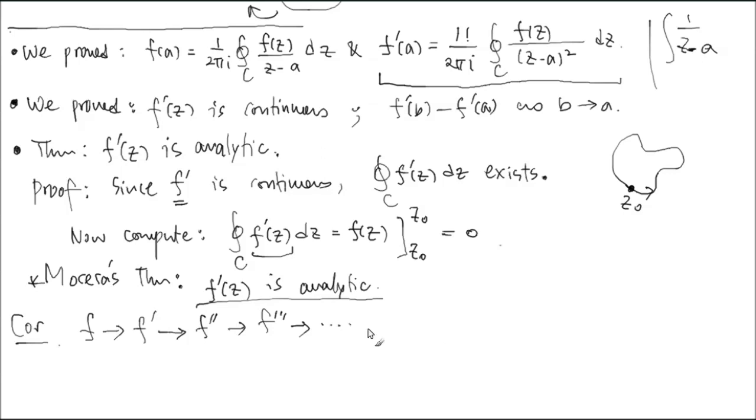All derivatives exist and they're analytic. Right? So here, i.e., all derivatives are analytic. It's not just about point a. All the neighborhood has a derivative analytic. And this is the important part so that we can consider Taylor series, a power series. Real valued functions have a very nice thing that was introduced at the end of Calc 2, but it's a very limited example: e to the x, sine x, and cosine x.